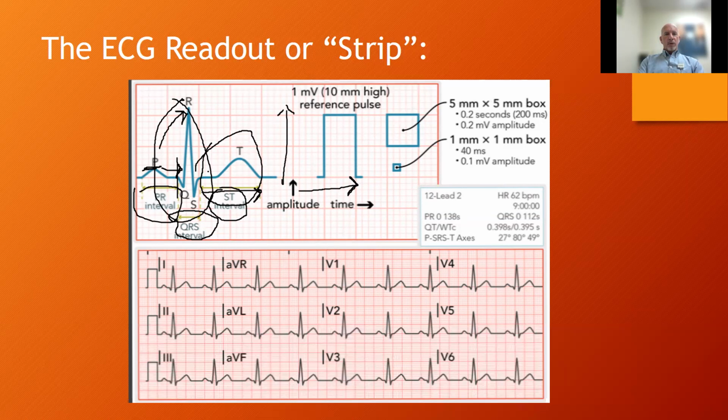So when this wave goes from here to here, it's taking 0.4 seconds for that refractory period of the heart. That's the distance this way, time. The height is amplitude measured in millivolts, so 0.2 millivolts. I don't expect you to be electricians. Don't worry about that.